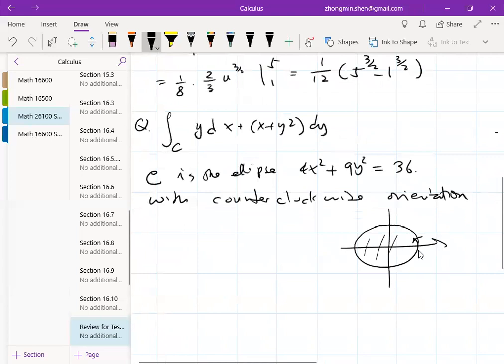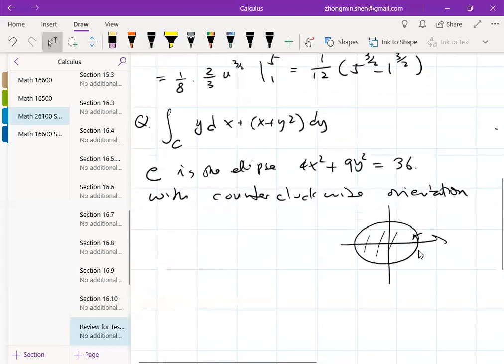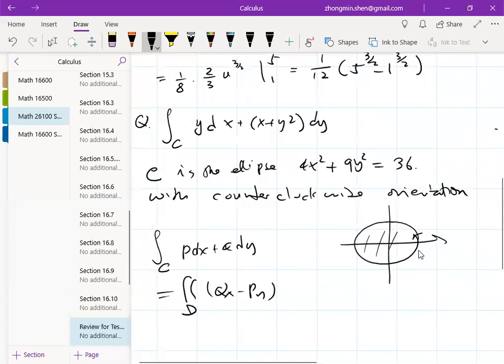Remember, you can use Green's theorem to solve the problem. Green's theorem says that the line integral of P dx plus Q dy is going to be the double integral of Q_x minus P_y dA. Sometimes changing to the double integral will be much easier, especially when the closed curve consists of several pieces.